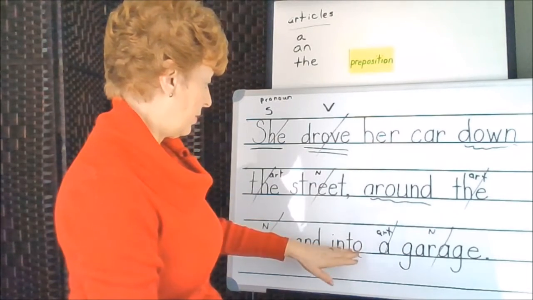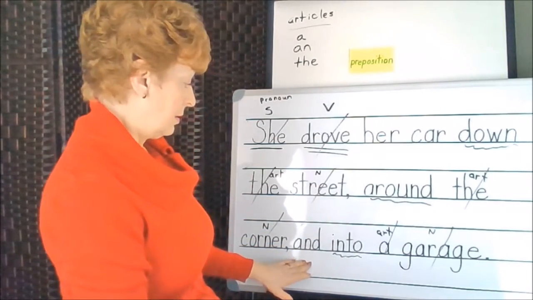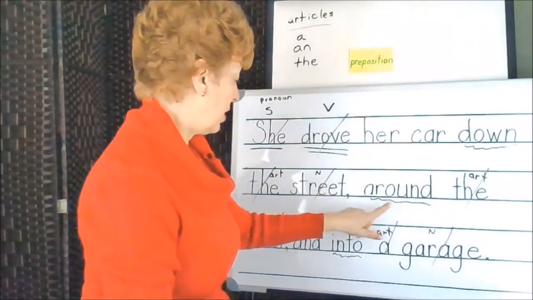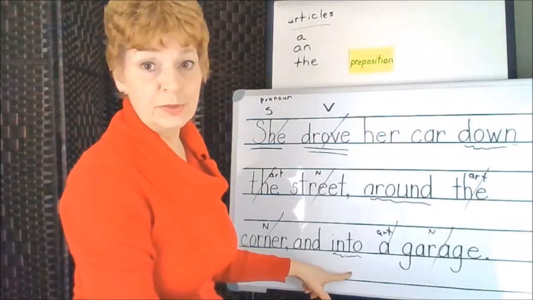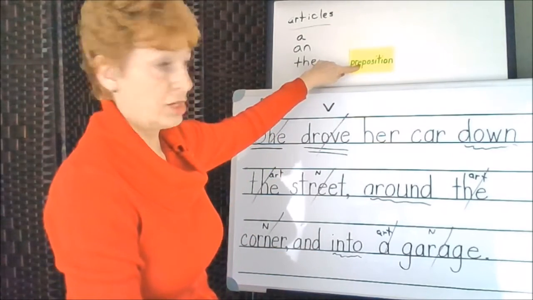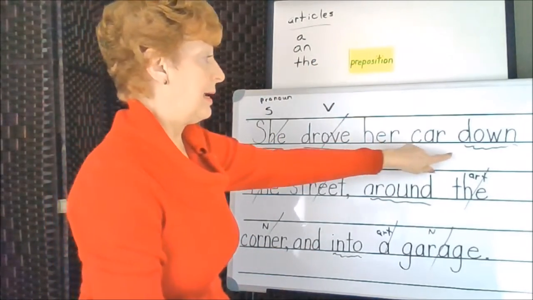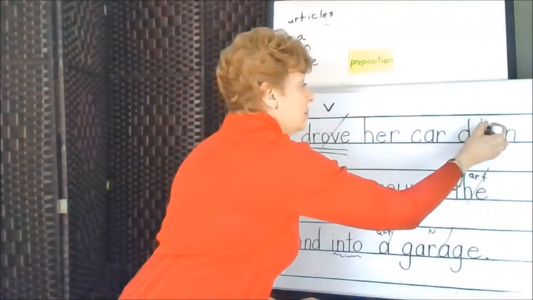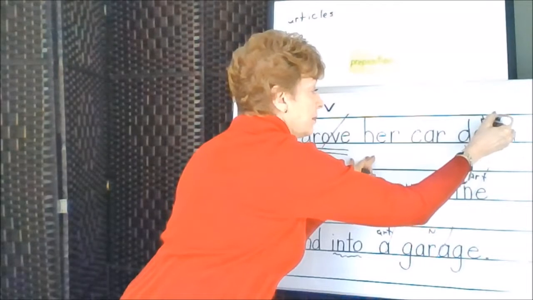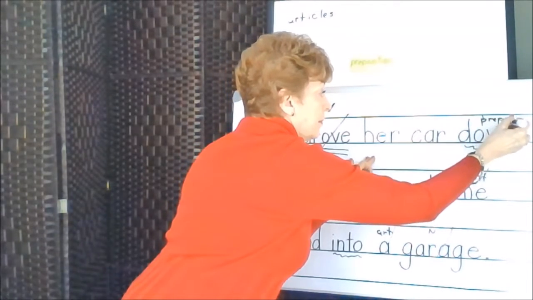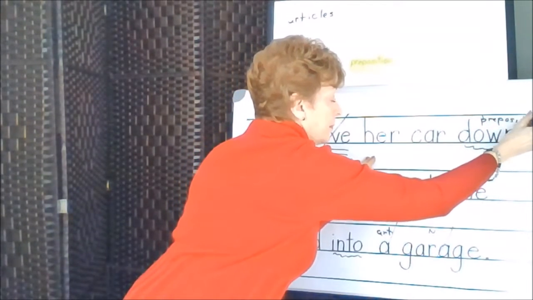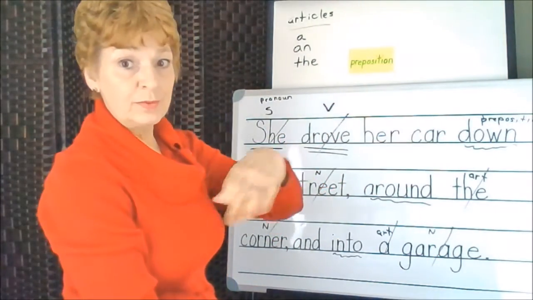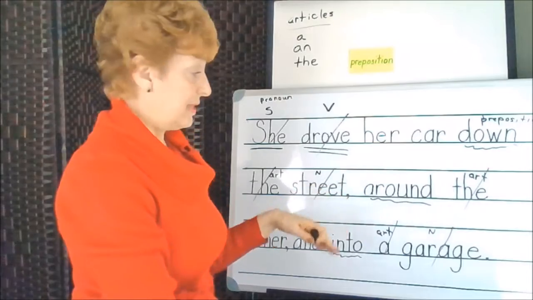So the only words left in this sentence are her and car, and, and possibly the other words down, around, and into, which we will now test to see if they show a position. Is down a position? Yes, it is. So this would be a preposition. Is around a position? Yes, it is.